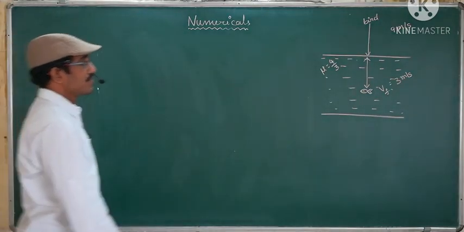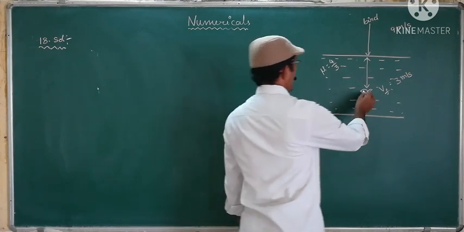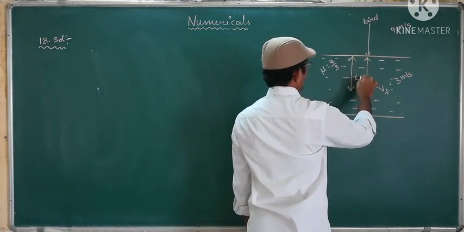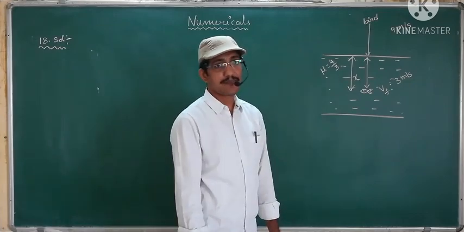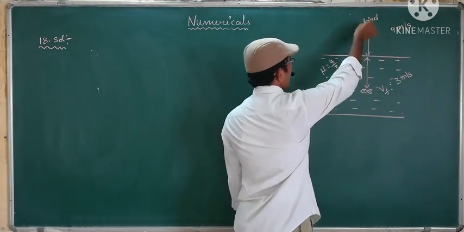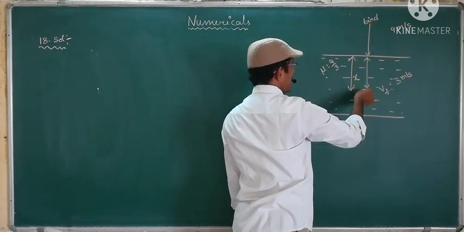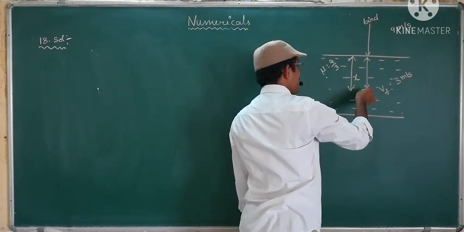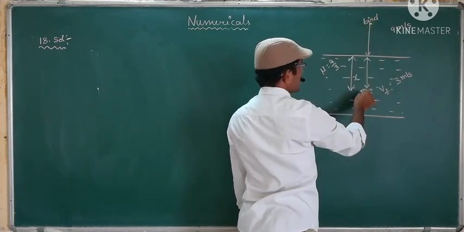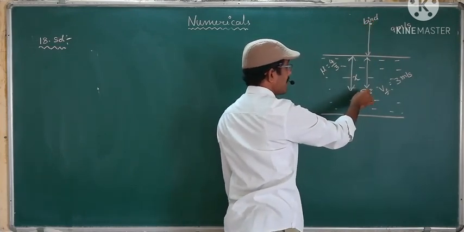Here, assuming that the fish is at a depth of x, the fish is seeing the bird. The bird is not seeing the fish in this case. The bird is in the rarer medium and the fish is in the denser medium.